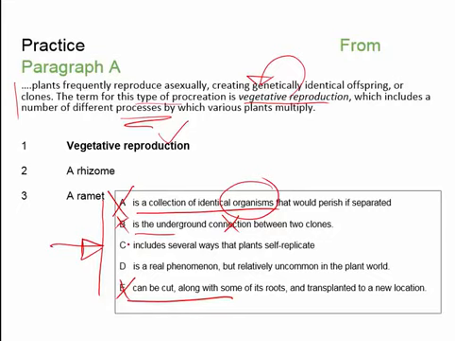Is vegetative reproduction a real phenomenon but uncommon in the plant world? Well, no, even just in this one sentence we can see plants frequently reproduce asexually, creating genetically identical offspring or clones. The term for this type of procreation is vegetative reproduction. Aha!